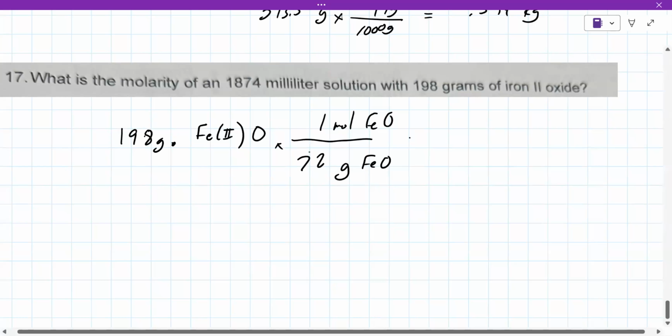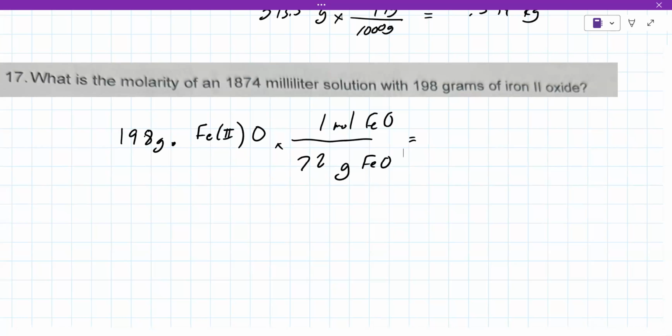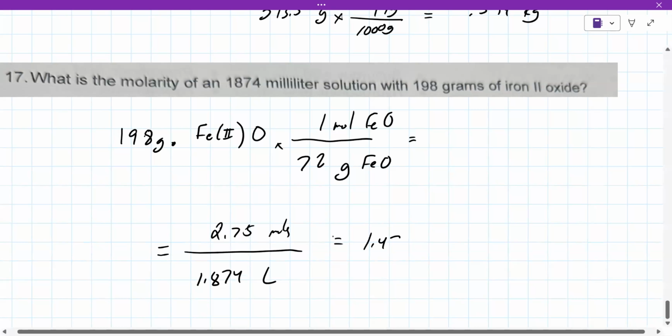Okay, so now that gets you the number of moles of this. 2.75. Okay. Yep. So you have 2.75 moles and number of liters 1.874 liters, and that will give you the molarity. 1.470. Okay, let's take a look here. 1.47. That will do it.